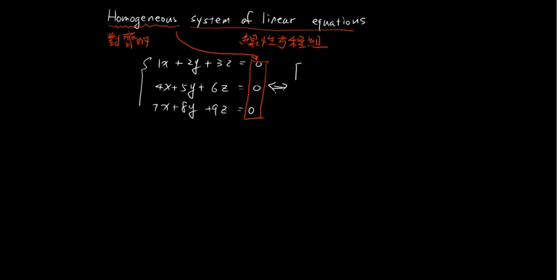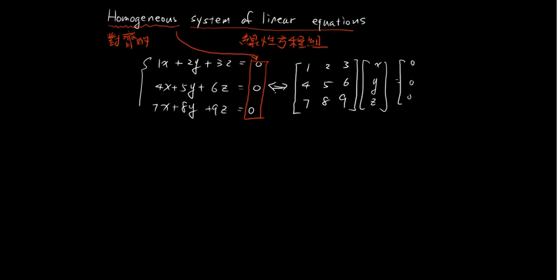Okay, and we have seen this before. We know we can write it as a matrix and give some vector of variables and say that it is actually equal to 0, 0, 0.